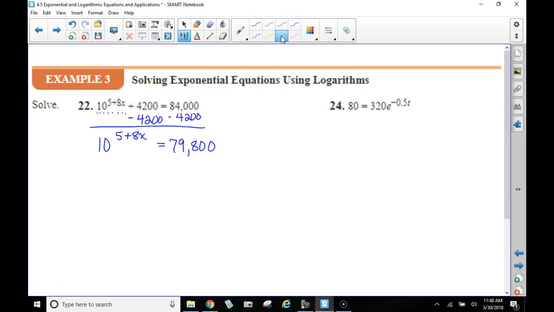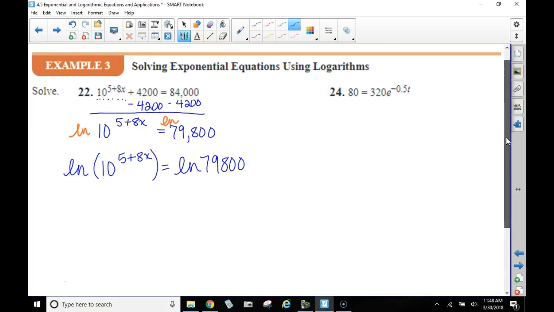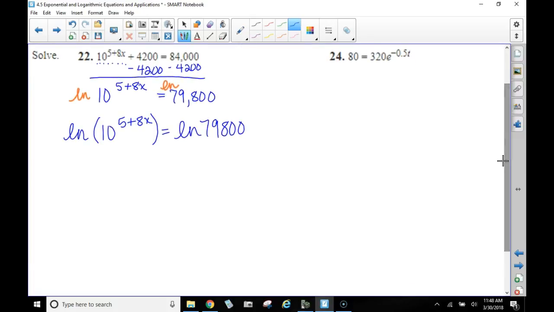And again, I decided I'm going to do the natural log of both sides of my equation. So what we have now is the natural log of 10 to the 5 plus 8x power equals the natural log of 79,800. Now, once again, take your exponent, which is those two terms there, and move it down front.